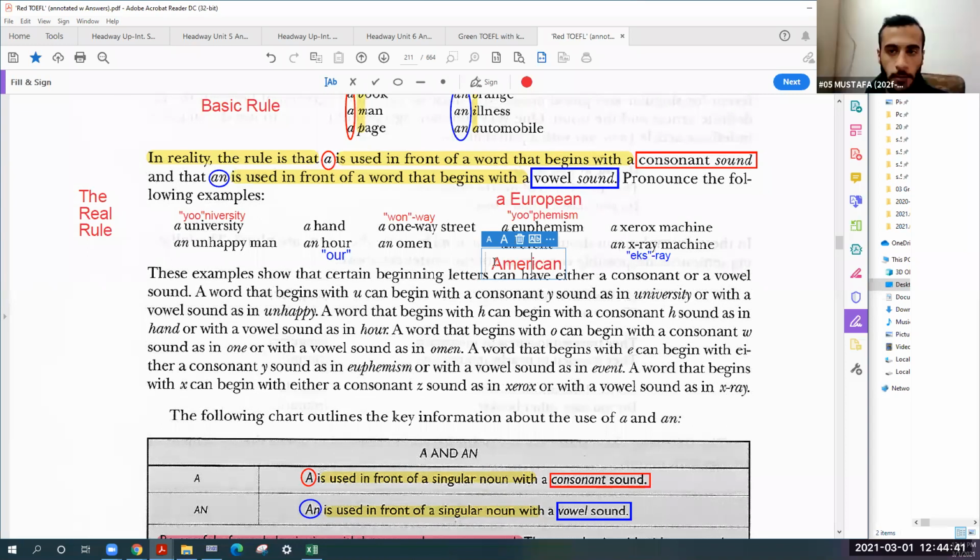An American. Why? Because it has a vowel sound, right? What about European? It doesn't have a vowel sound. It has a consonant sound.